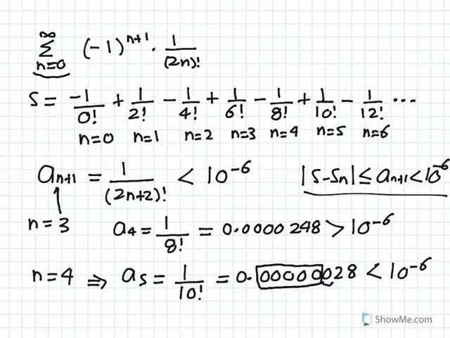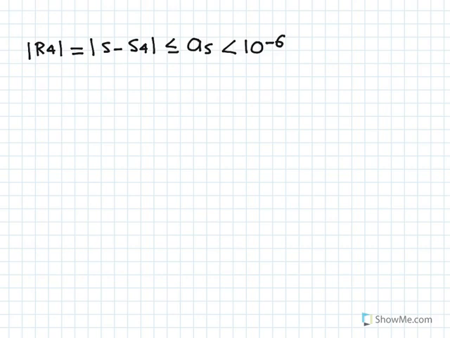So n equals 4 will work. That means the absolute value of R4 is equal to the absolute value of S minus S4, which is less than or equal to a5, which is less than 10 to the power of minus 6. So we know that n equals 4 works.